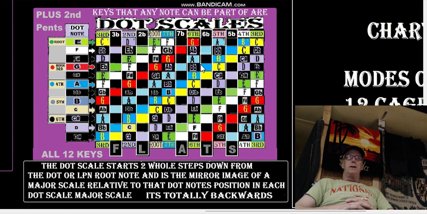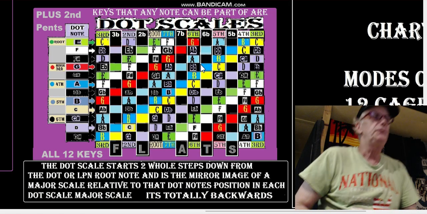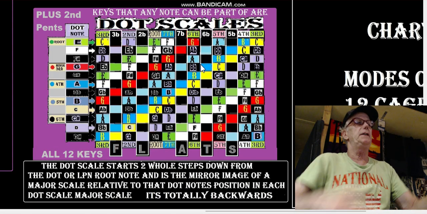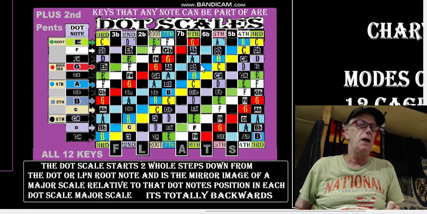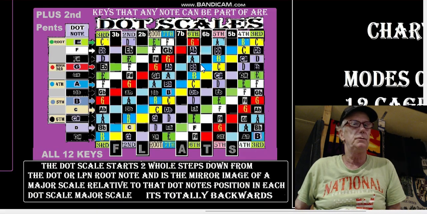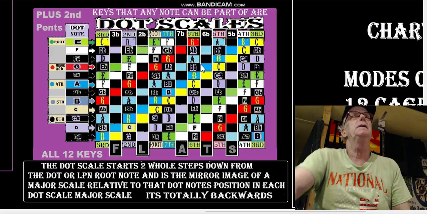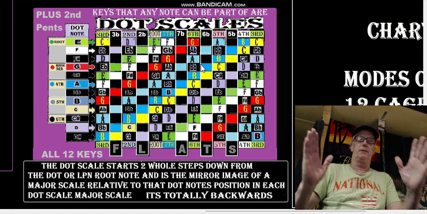The easiest dot scale to learn is the dot scale of the E note. Why? The dot scale of the E note is the entire C scale and the chromatic too, and that would be what we have, the 12 cages.